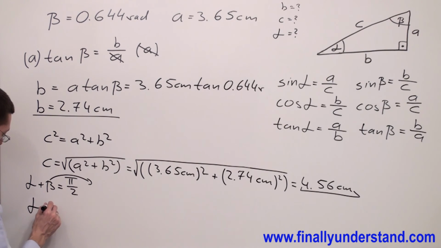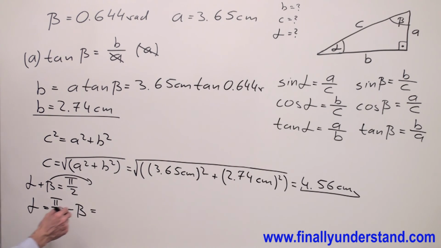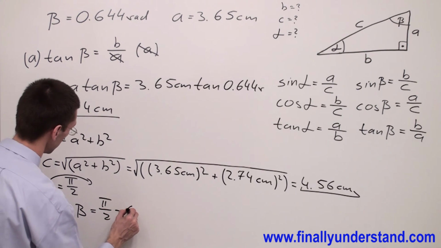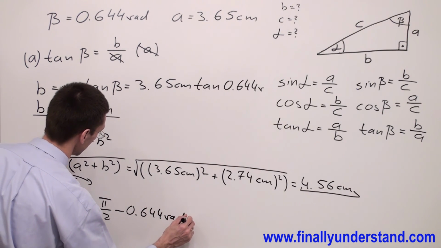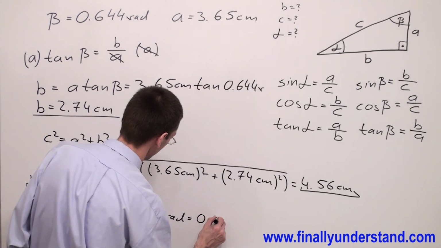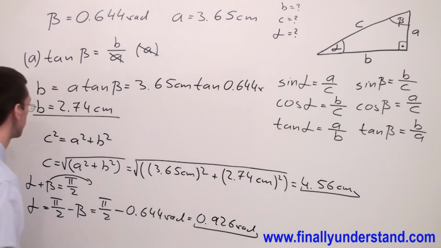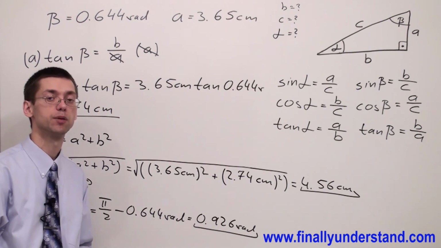So alpha is equal to pi over 2 minus beta, which is pi over 2 minus 0.644 radians, is equal to 0.926 radians. Okay, so we found the length of side B, the length of side C, and we found angle alpha. So we can say that the problem is solved.